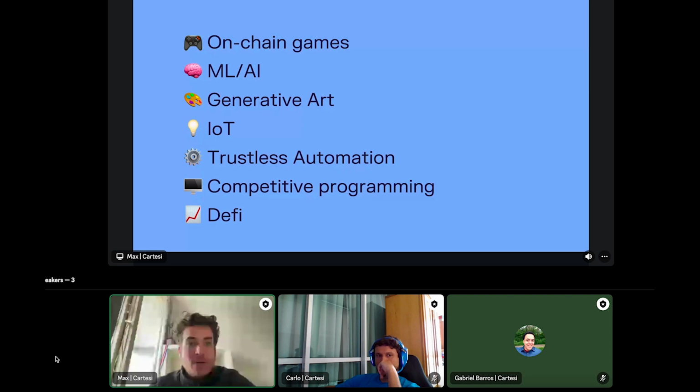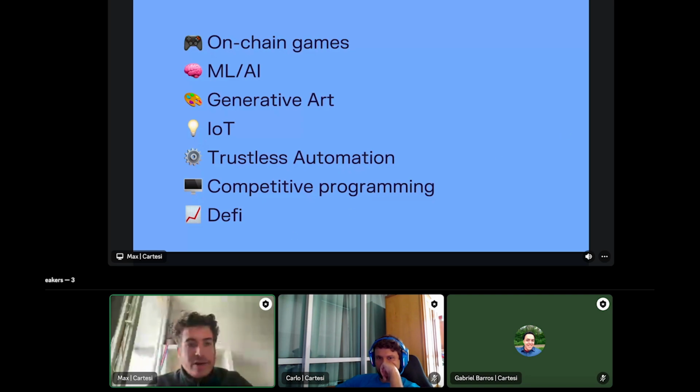Remember, Cartesi is this general computation environment, so you don't need to restrict yourself to one of these verticals, but these are some of the areas where we've seen some interest already. But there's many more that you could explore as well. So, starting with on-chain games and going all the way to DeFi as the last example.